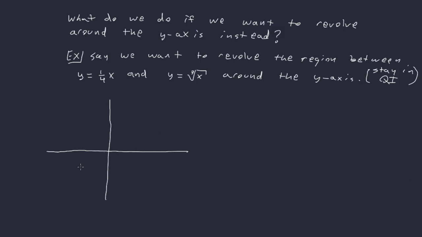Okay? So y equals 1/4 x, that's some sort of linear function like that. And then the cubed root of x looks something like this. So we're talking about this region here between them, but we are revolving around the y. So what we want to do is revolve around the y this way.